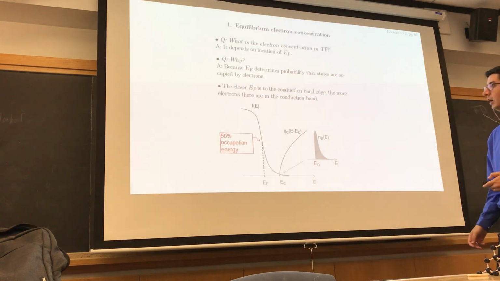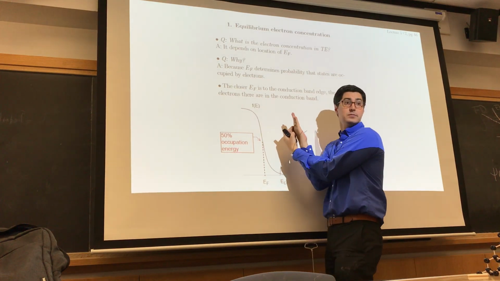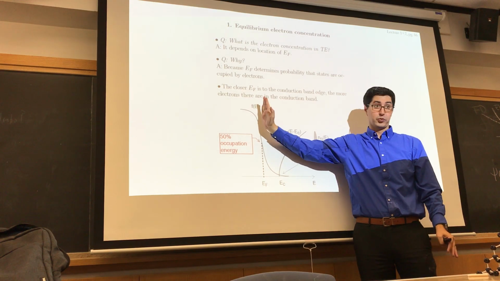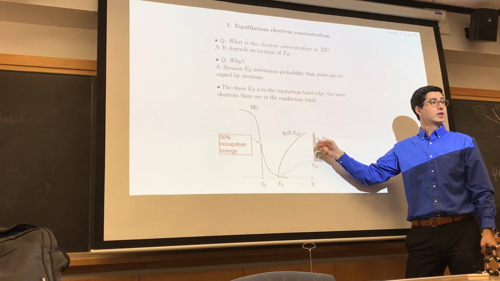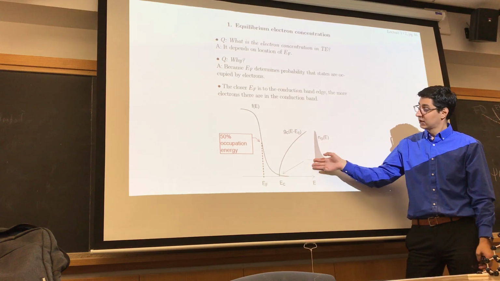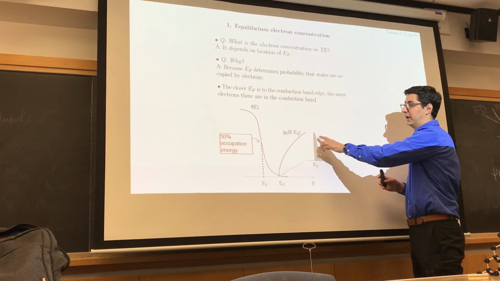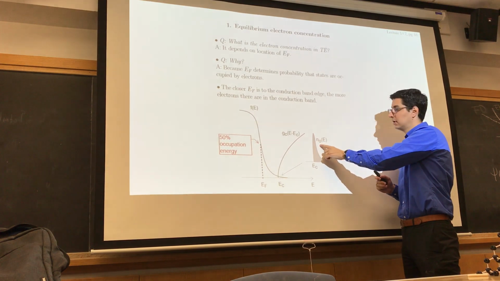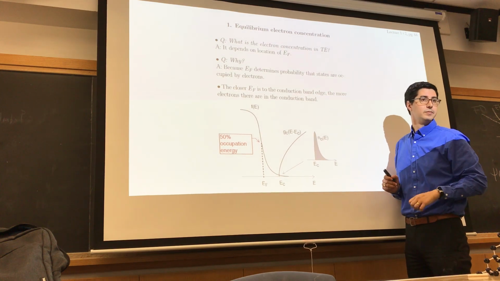So, if I multiply these two functions together, probability, which is unitless, times my density of states, I'm going to get a distribution of electrons. It's going to look a little funny, but it is what it is. And this is my number of electrons in equilibrium, N naught, per volume, as a function of energy.